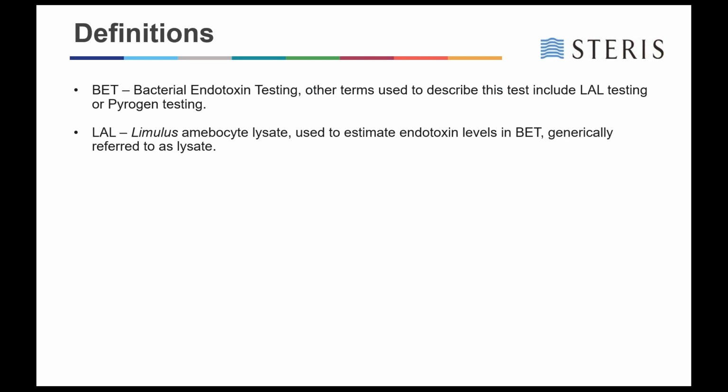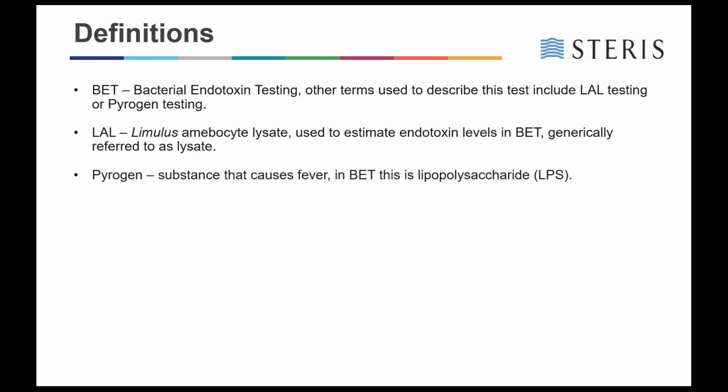What is LAL meaning? With LAL, we refer to limulus amebocyte lysate. This is used to estimate endotoxin levels in BET, and a more common name is just lysate. A pyrogen is a substance that causes fever and in connection to bacterial endotoxin testing, this is lipopolysaccharides or LPS.